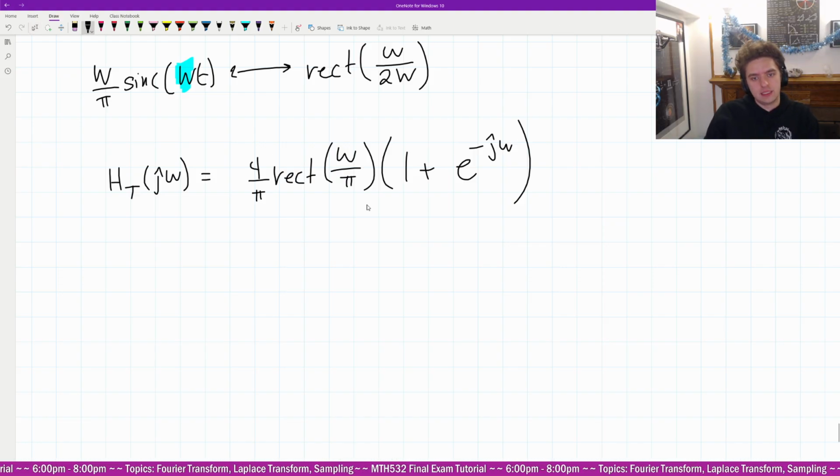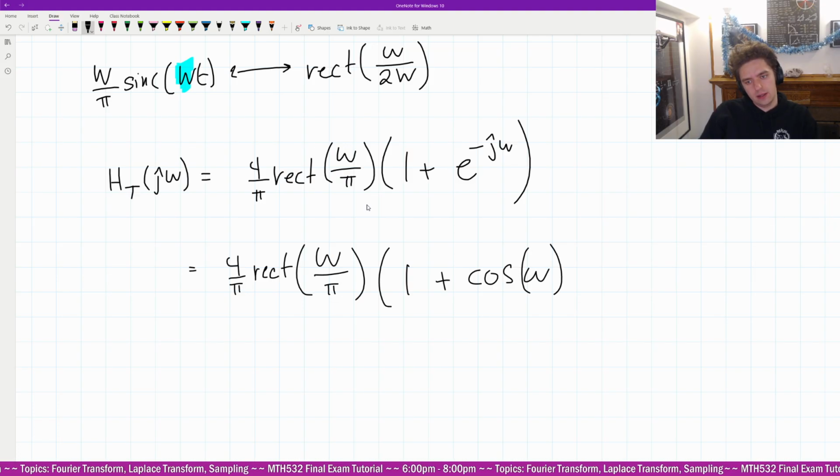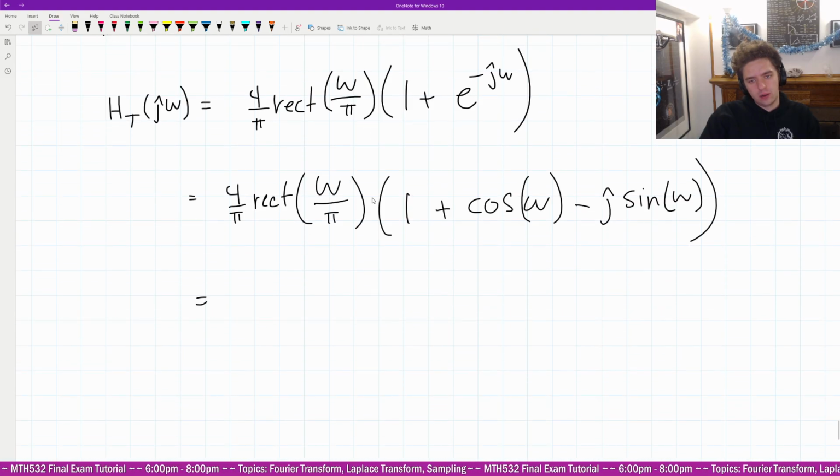So the way I did this is you want to break this into a complex number with a real part and an imaginary part. So it's going to be 4 over pi rect of omega over pi times 1 plus, and this is going to be cosine negative omega, but cosine negative omega is just cosine omega, plus j sine negative omega, but sine negative omega is just negative sine omega. So finally, we can figure out all of our things here, right? So this is going to be 4 over pi.